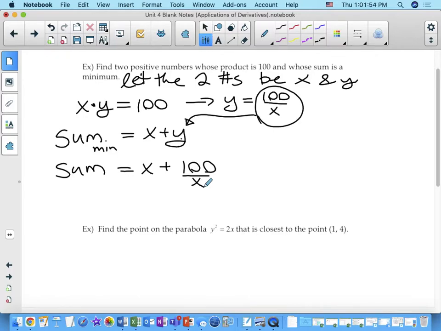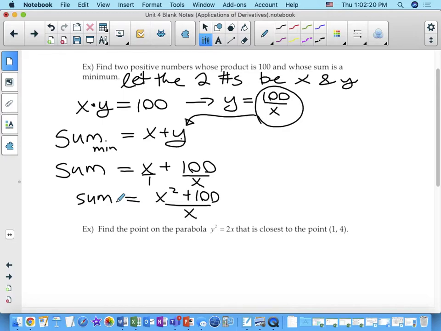Okay, and I may even simplify that a little bit by coming up with a common denominator. In this case, the common denominator would be x, because this is over 1 right now, right? So if I multiply this by x over x, I'm going to get x squared plus 100 over x.